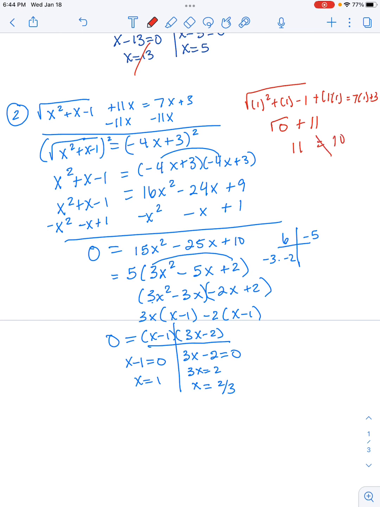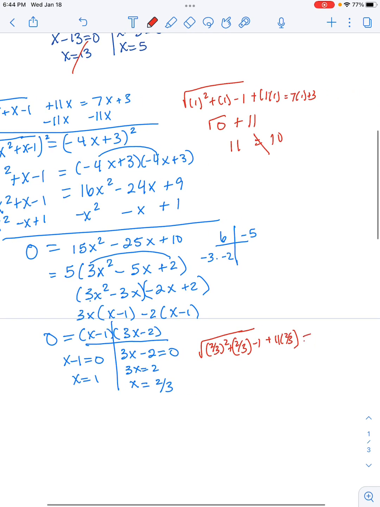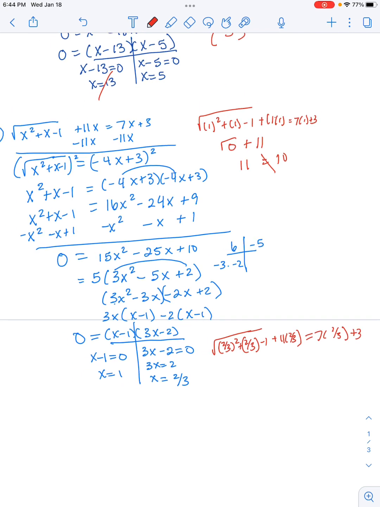So this does not work. Let's check to see if 2/3 works. So the square root of 2/3 squared plus 2/3 minus 1 plus 11 times 2/3 is equal to 7 times 2/3 plus 3.